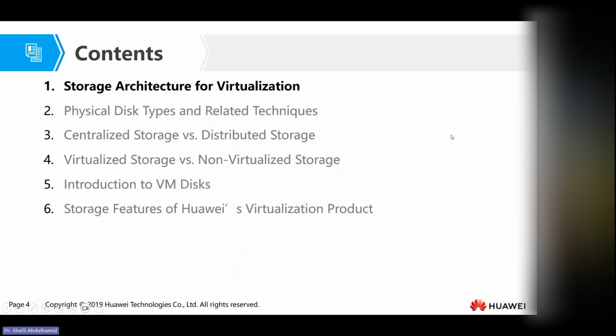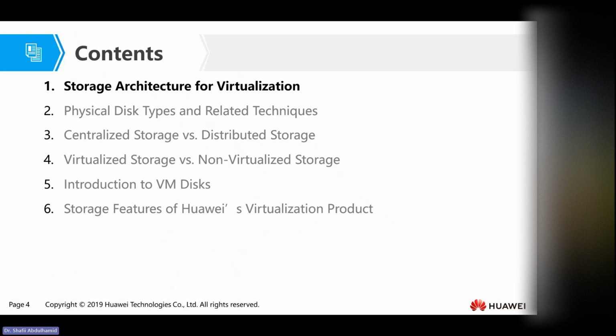So basically, sections 1, 2, 3, 4, and 5 are general ideas of how the technology of storage in the cloud works, while section 6 is more specific to the product of Huawei, which is the last section. So they will tell us how they achieve cloud storage services using virtualization and what are the products they have. So basically, this is how they normally arrange their slides.